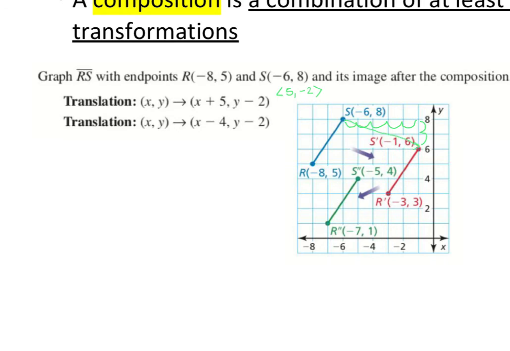See how that matches up? Now we're at S prime. For S double prime, we're going to move left 4 and down 2. Or in vector form, -4, -2. So let's move to the left 4, 1, 2, 3, 4, and let's move down 2, 1, 2. And we're going to end up at S double prime.